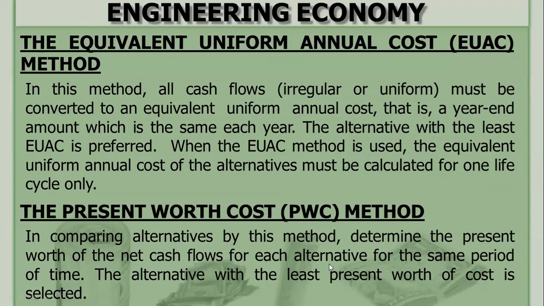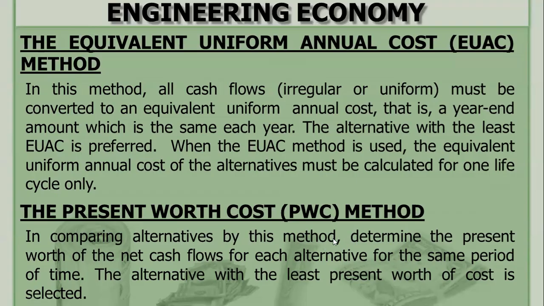For example, if one alternative has a life of 10 years and the other one has a life of 15 years, dapat find a certain period na mag-equal sila. So, the alternative with a life of 10, 3 times ka magbuhat o cash flow para ang life niya becomes 30 na.